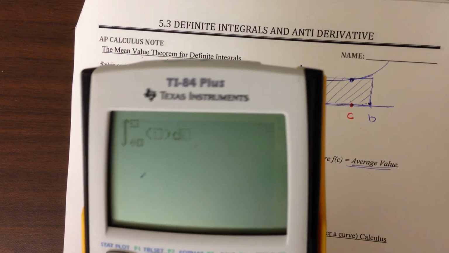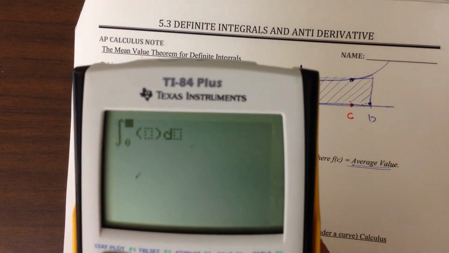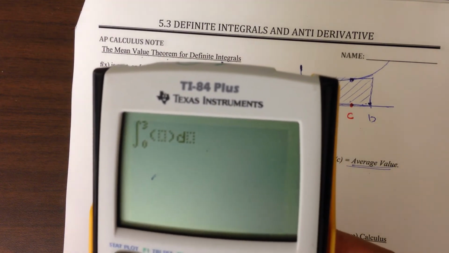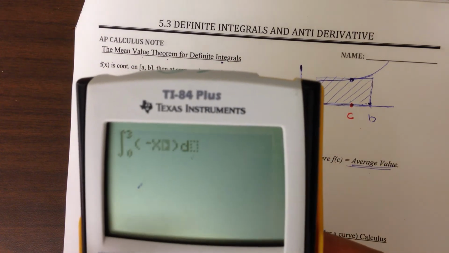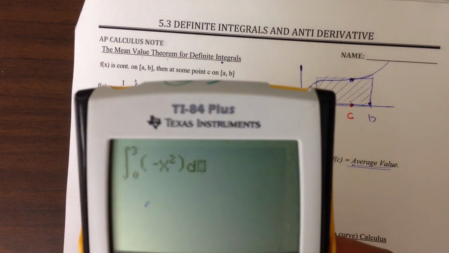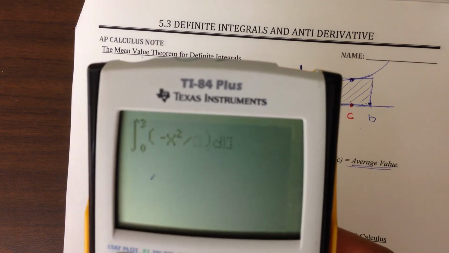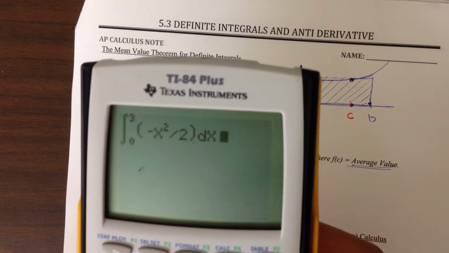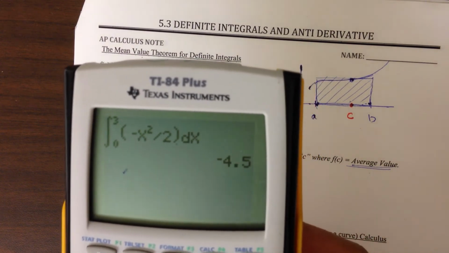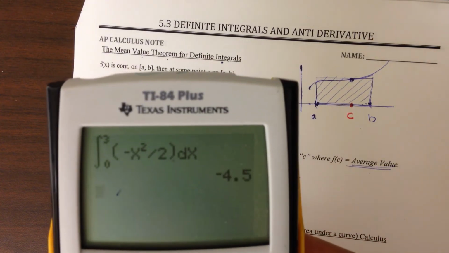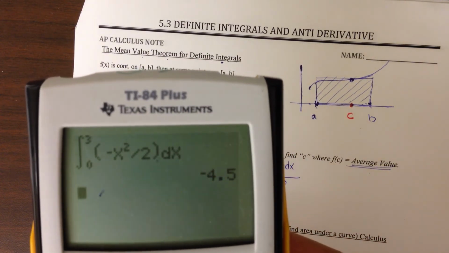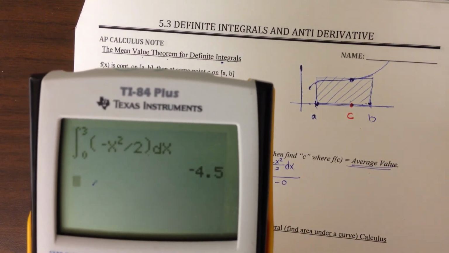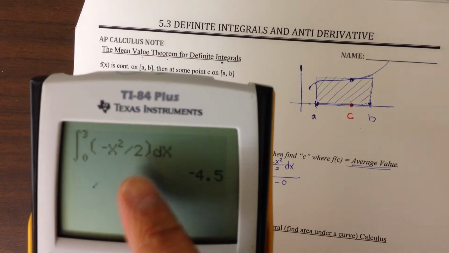So the integral will be from 0 to 3, and the function is negative x squared divided by 2, integrating with respect to x. Push enter. So the area under that curve is going to be negative 4.5.